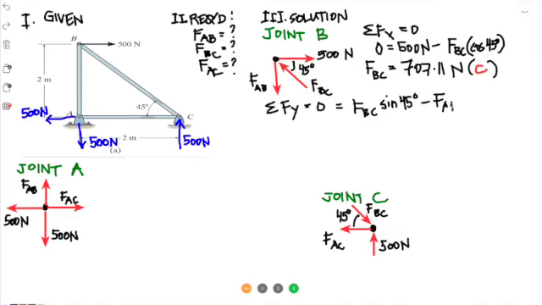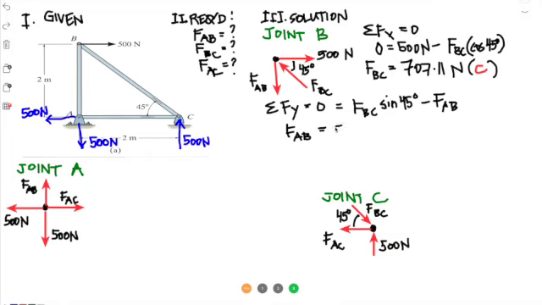Since we already have a value for FBC, we just take the sine of that, and that is equal to FAB. So FAB would be FBC, which is 707.11 newtons approximately, multiplied by the sine of 45. That gives us 500 newtons.